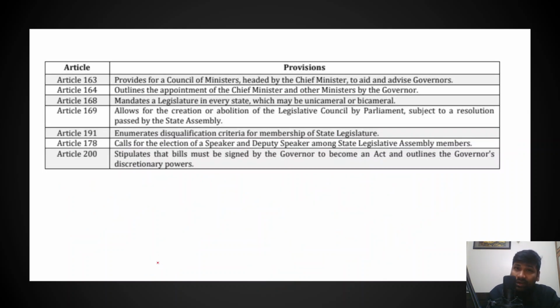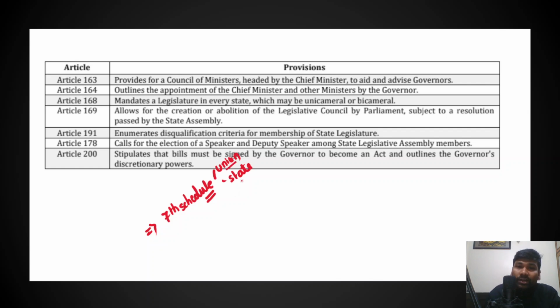And in a similar manner, for state legislature also, we have very important provisions. Understand that under the 7th Schedule of the Indian Constitution, powers are distributed between the union government as well as the state government. These are constitutionally distributed powers.